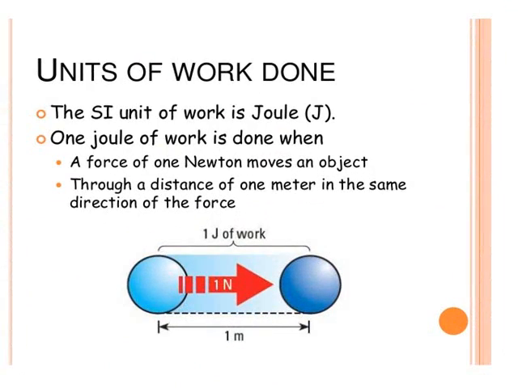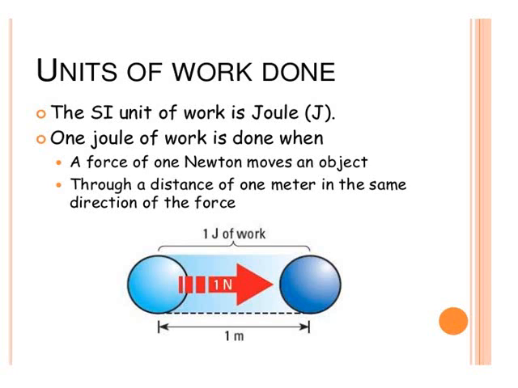Let us see the definition of joule in this slide. The SI unit of work done is joule. Previously we had seen how much is 1 joule. 1 joule is equal to 1 Newton into 1 meter, where 1 Newton represents the force and 1 meter represents the displacement. 1 joule of work is done when a force of 1 Newton moves an object through a distance of 1 meter in the same direction of the force.